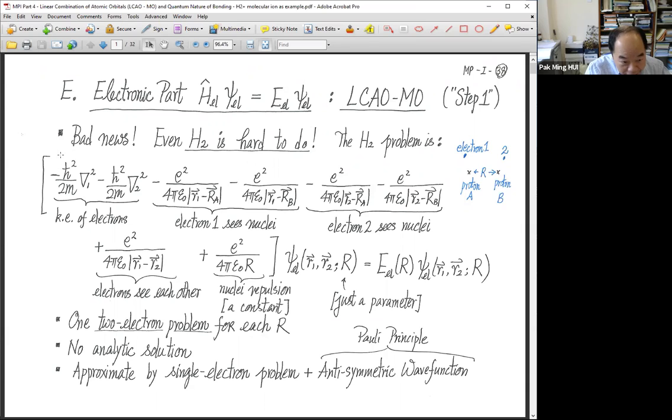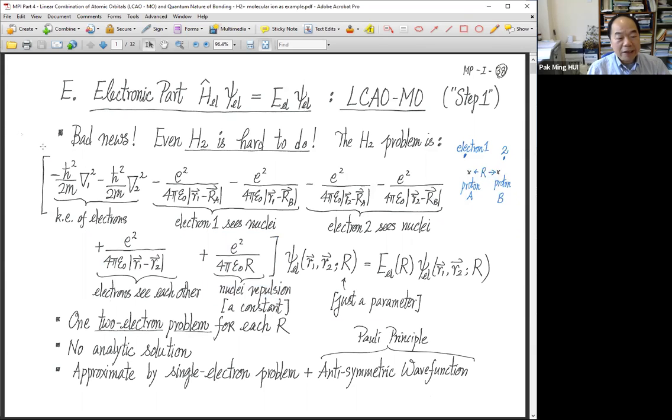Okay, so this is the kinetic energy of electron 1, kinetic energy of electron 2, and then electron 1 sees nucleus A, electron 1 sees nucleus B, electron 2 sees nucleus A, electron 2 sees nucleus B, then the 2 electrons repel and the nuclei are separated at a fixed R. That is a parameter, there's a constant term, all right?